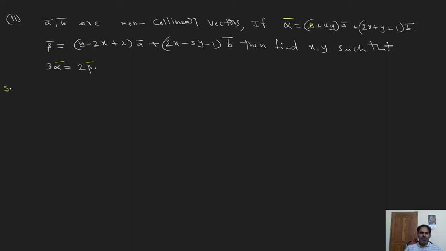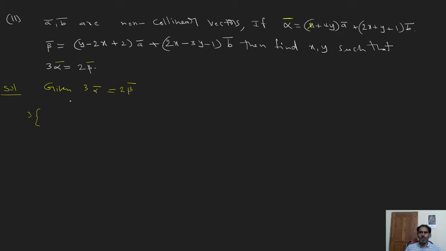Solution. Given vectors, write alpha bar, beta bar. After that, directly I am writing this condition. Here the given condition is 3 alpha bar equals 2 beta bar. 3 into alpha bar.